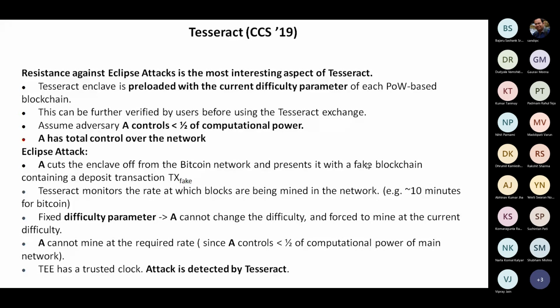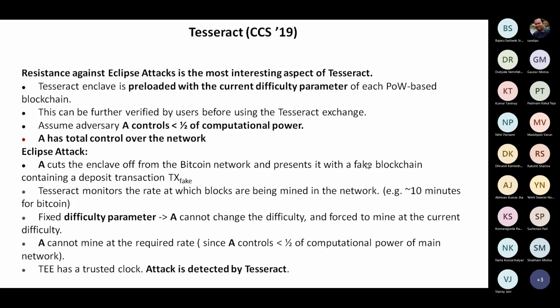Now, if the attacker has less computing power, then as it says, it makes an assumption that the adversary controls less than half the computational power. So without sufficient computing power, even by separating out this Tesseract node or the exchange itself, the attacker will not be able to mine blocks at the full rate of the entire network.